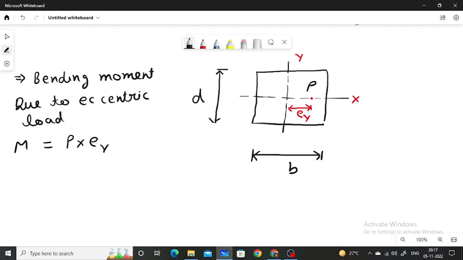This bending moment applies about the y-axis.